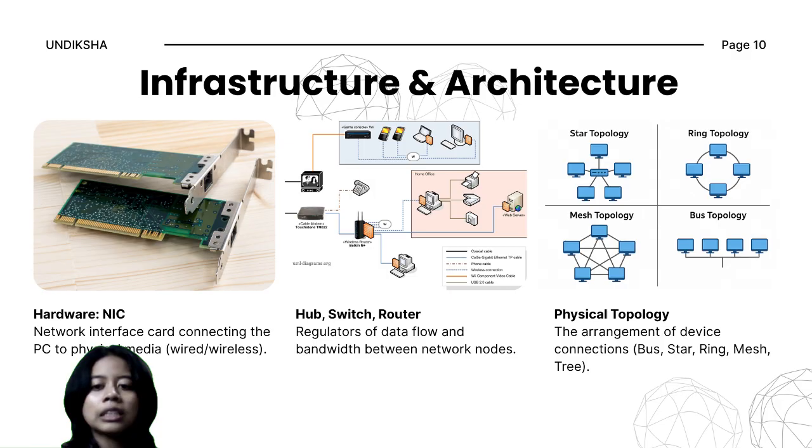A router is an even more advanced piece of equipment that manages data flow across entirely separate network structures, often combining the functions of a hub, access point, and repeater into a single unit.